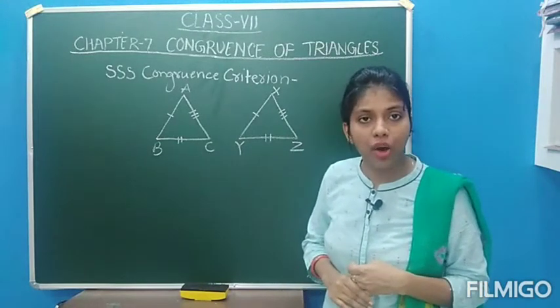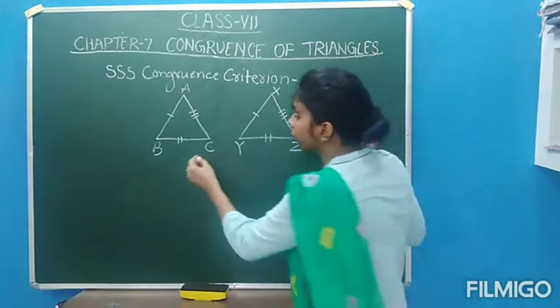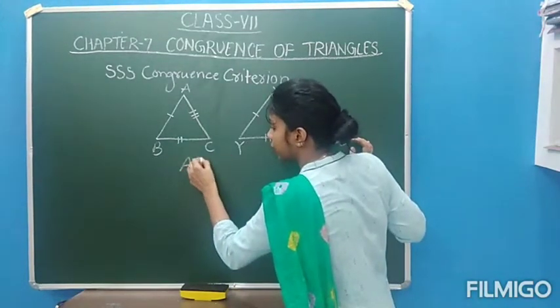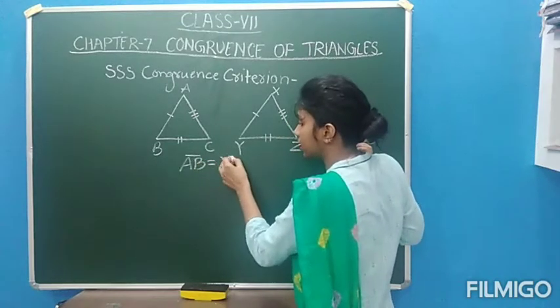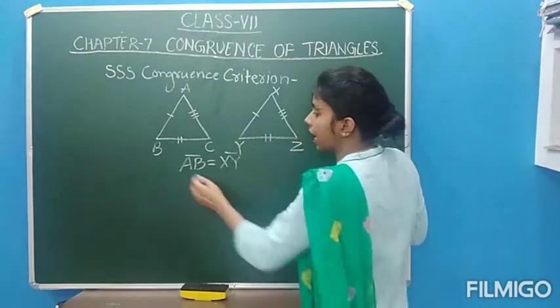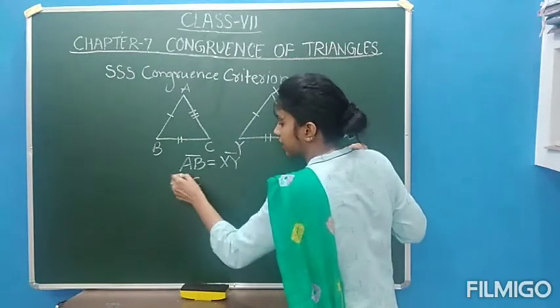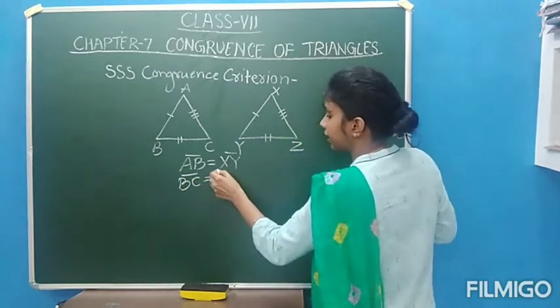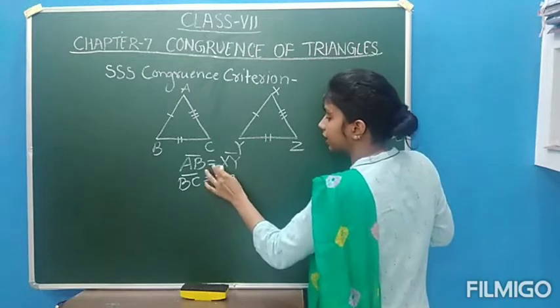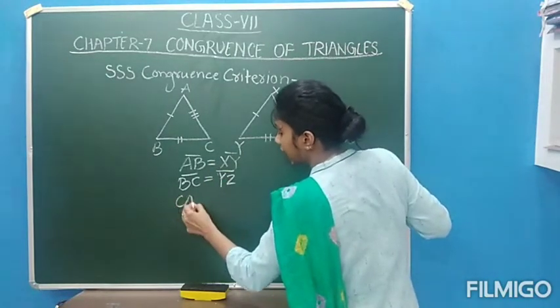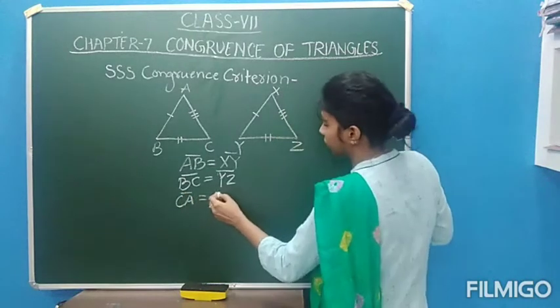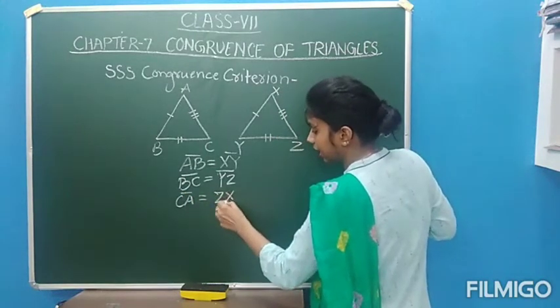So let's write. How are we going to write? As I told you, side AB is equal to side XY and side BC is equal to side YZ, and the third side CA is equal to ZX.